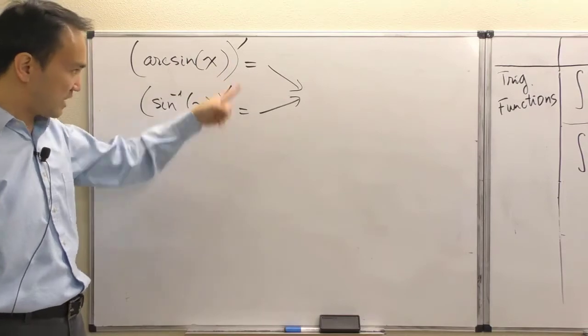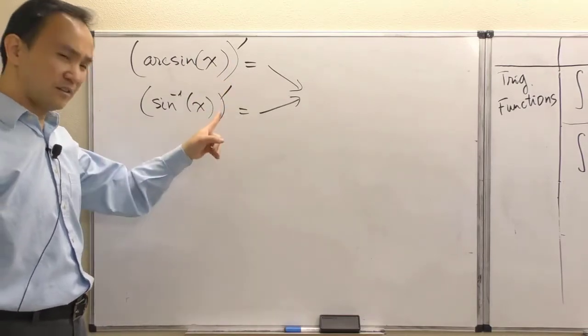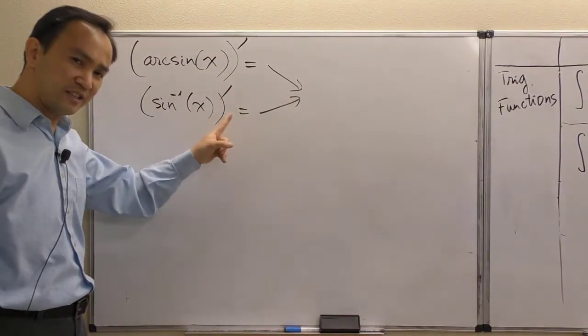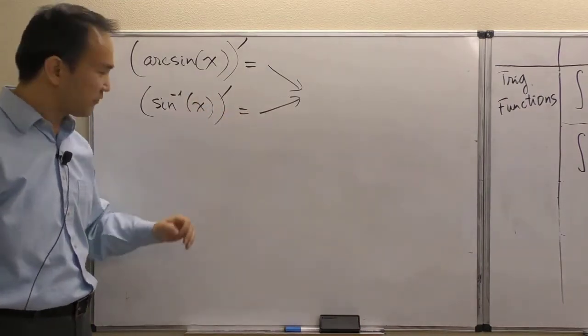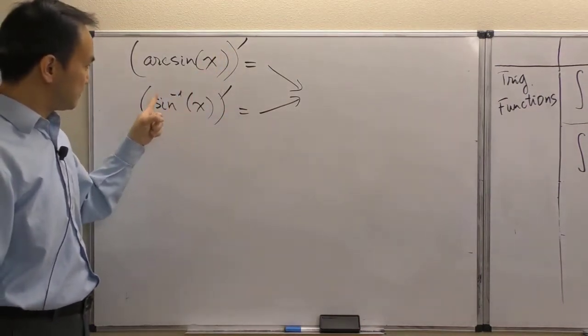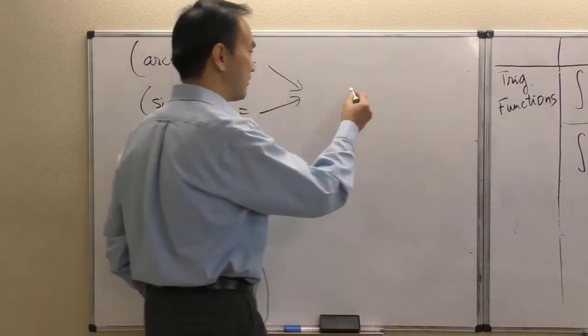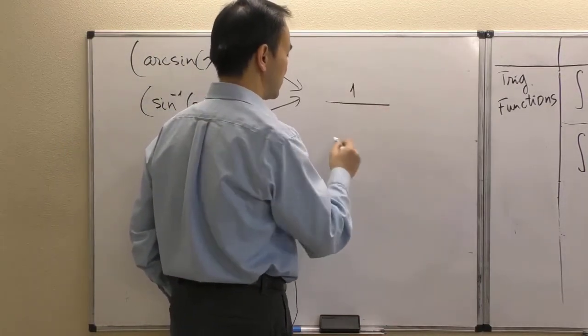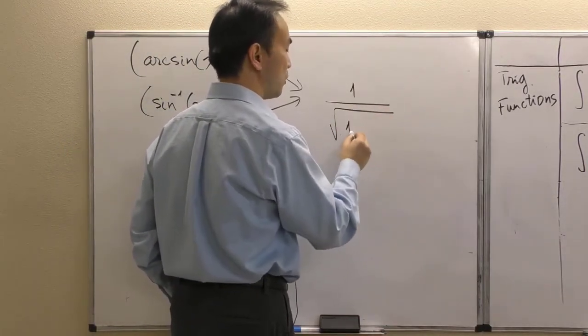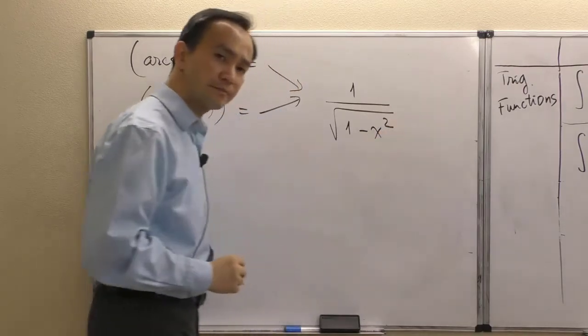If we recall from your days taking derivatives on inverse trig functions, then the derivative of sine inverse is going to give us 1 over square root of 1 minus x squared.